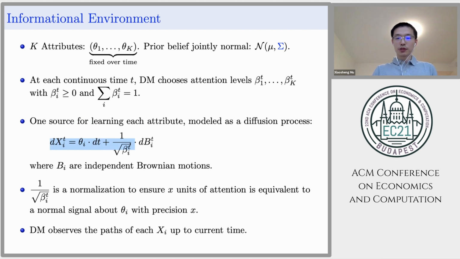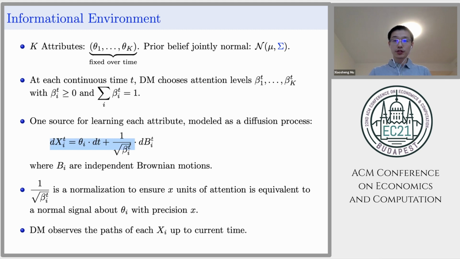This is just a normalization to ensure that giving x units of attention to a particular source is equivalent to receiving a normal signal about the attribute with precision level x. So there is constant return in terms of precision to the amount of attention devoted to any source.